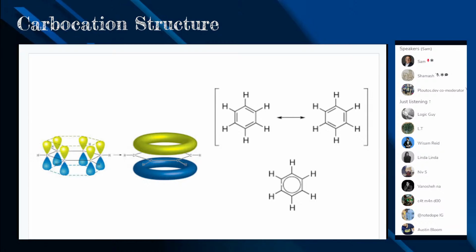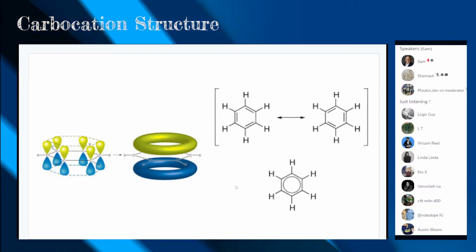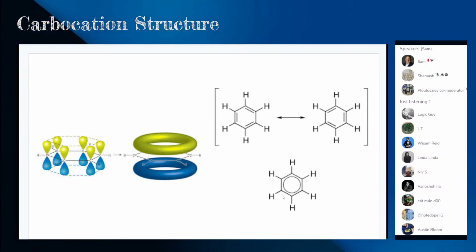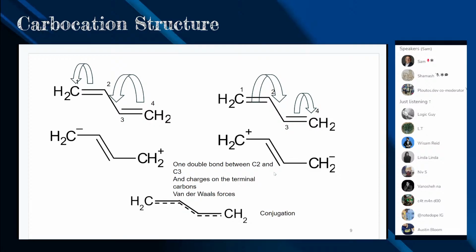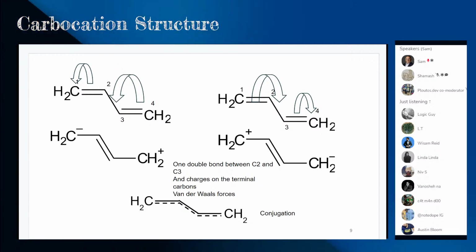So it makes us pretty confident that this resonance structure that we have written on bottom right is representative of what is actually going on. So if I go back to slide 9, the 4 structures that have double bonds and single bonds, those are the canonical structures, and the one at the bottom, that's the resonance structure, the conjugated one.